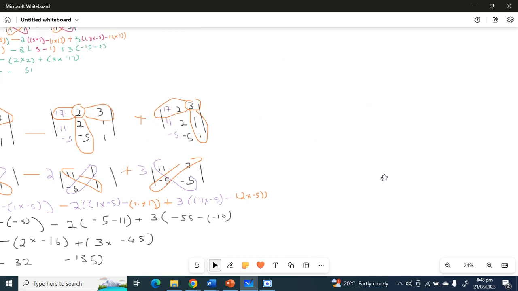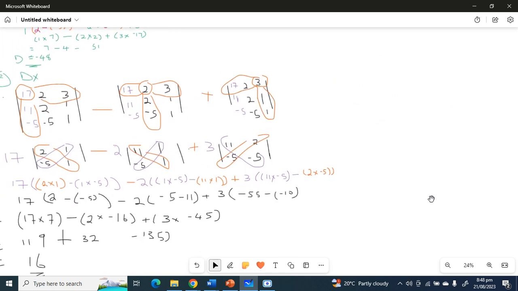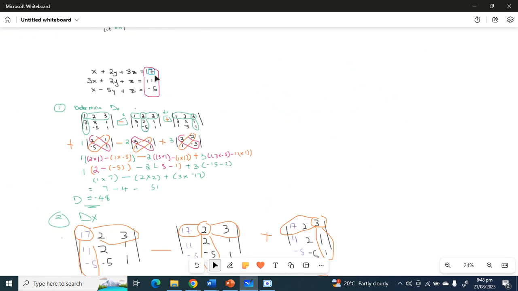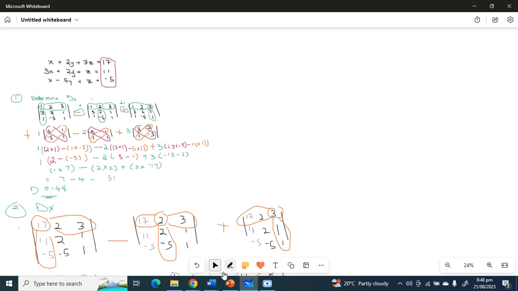So for dy, the principle is this: 7, 11, negative 5, we replace it with the y column. So for dy here, our matrices will be like this.